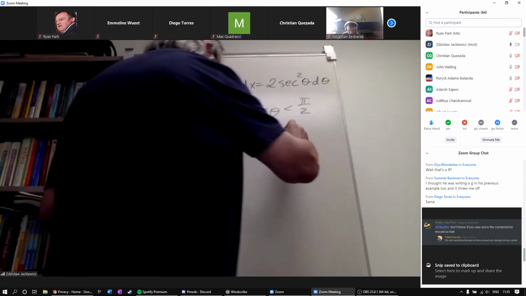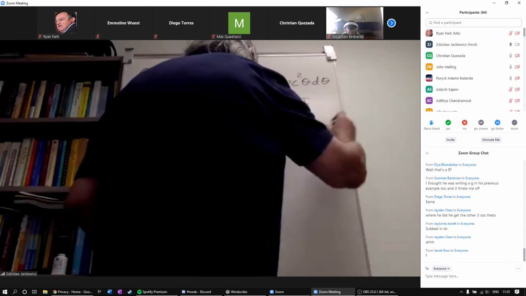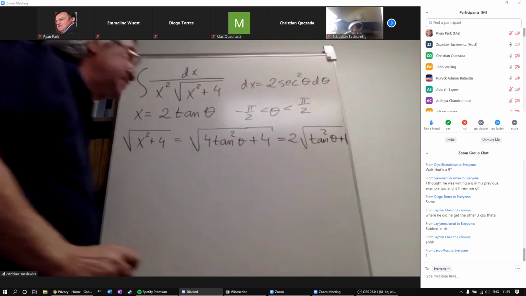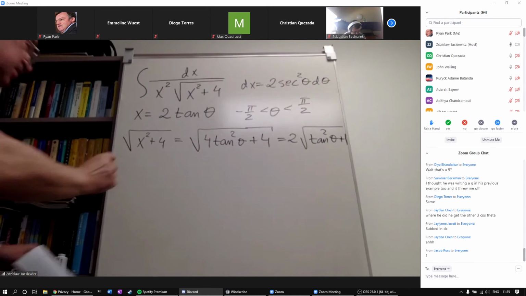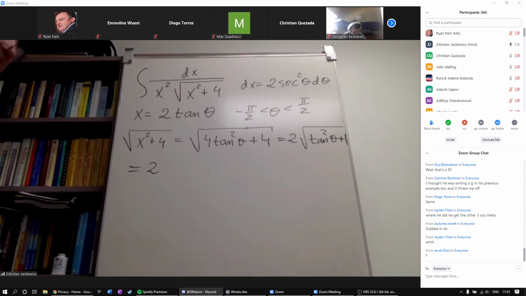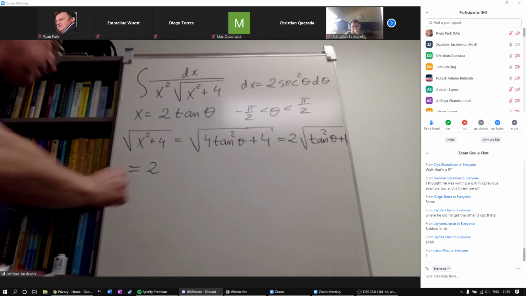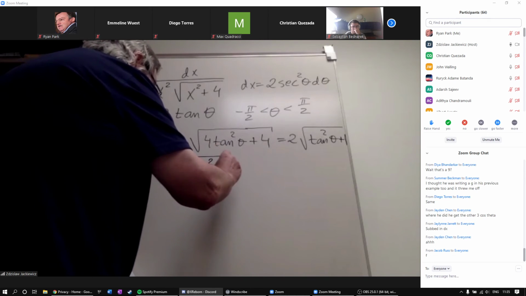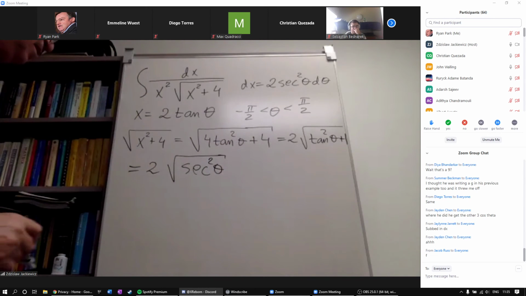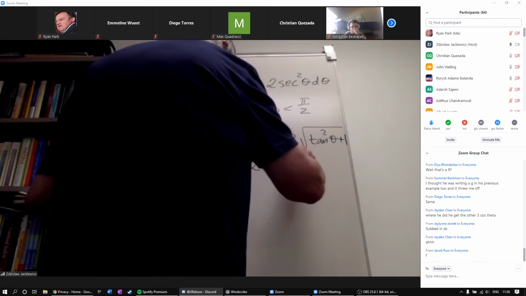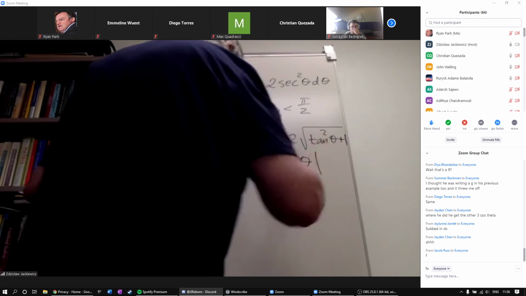So that's 2 times the square root of tangent squared theta plus 1. You remember the trigonometric formula: tangent squared theta plus 1 is secant squared. So it's 2 times the square root of secant squared theta, which is 2 times the absolute value of secant theta.